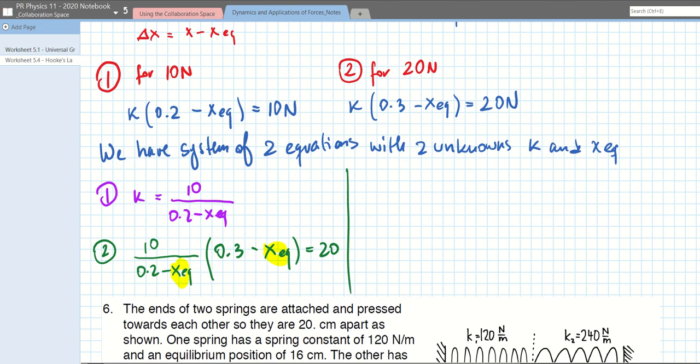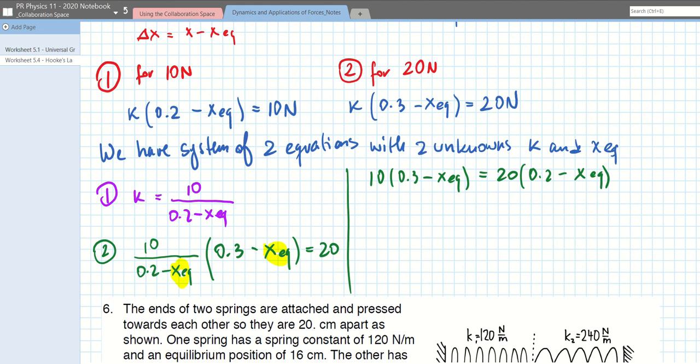So let's see what we should do next. Multiply by 0.2 minus x equilibrium, so we bring it up to the numerator, which is going to leave us with 10 times 0.3 minus x equilibrium equal to 20 times 0.2 minus x eq. All right, so that's the first step. We multiply both sides, not divide, both sides by 0.2 minus x eq.